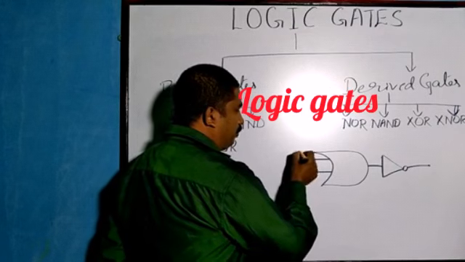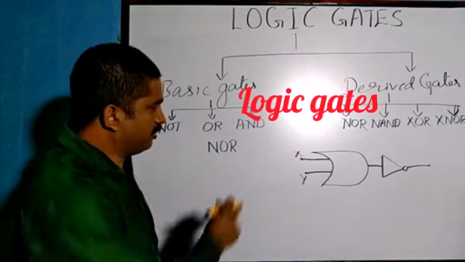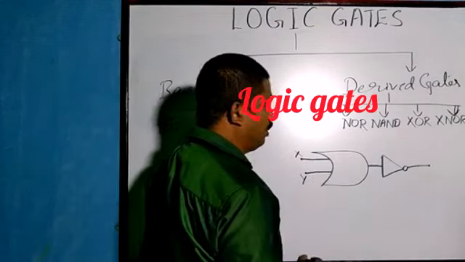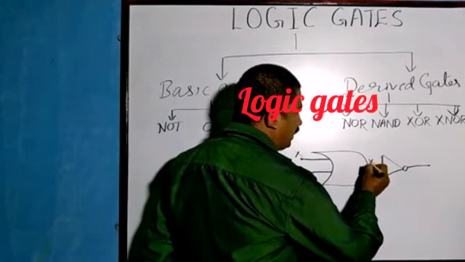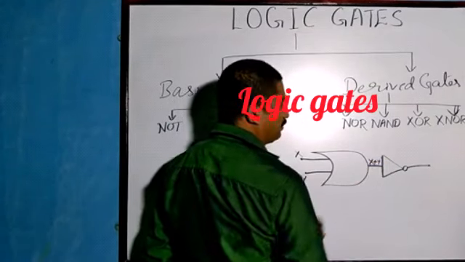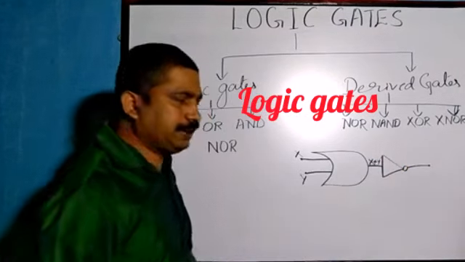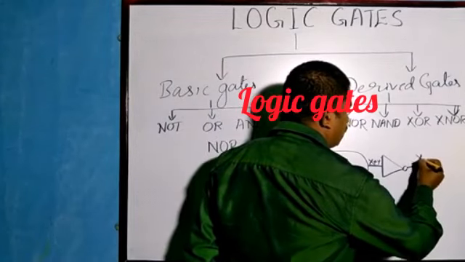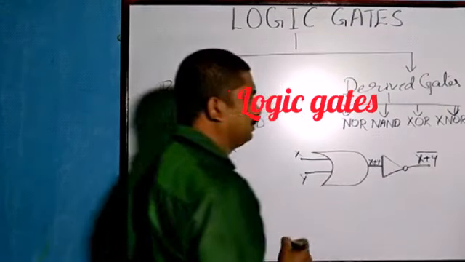Okay, if you give input x, y, let us assume the input is x, y, then what is the output of OR gate? That is x plus y. When it comes out of the NOT gate, you will get inverted form, that is x plus y whole complement.